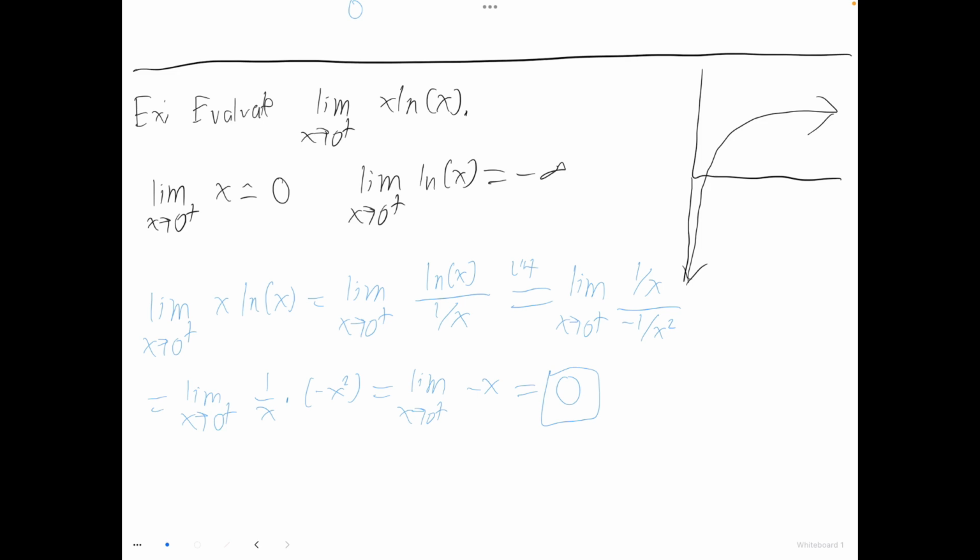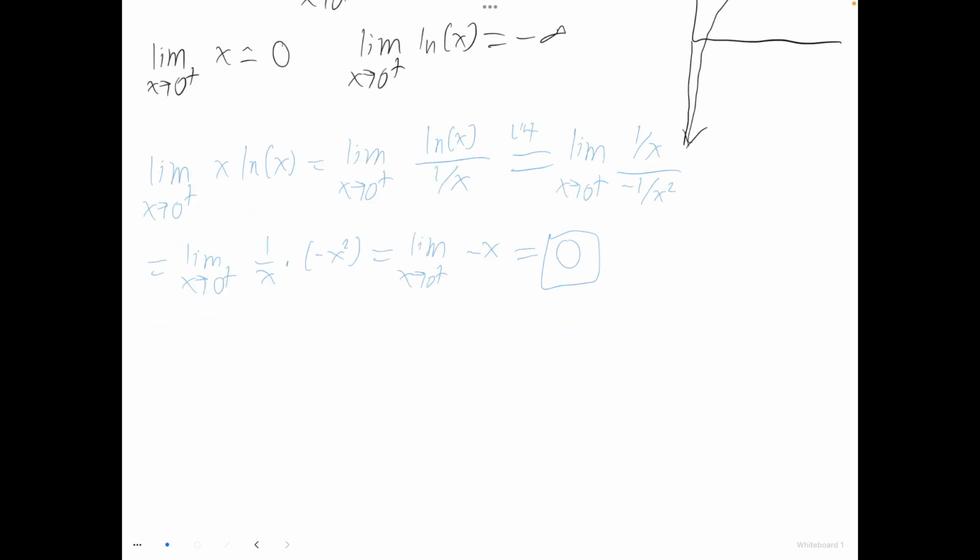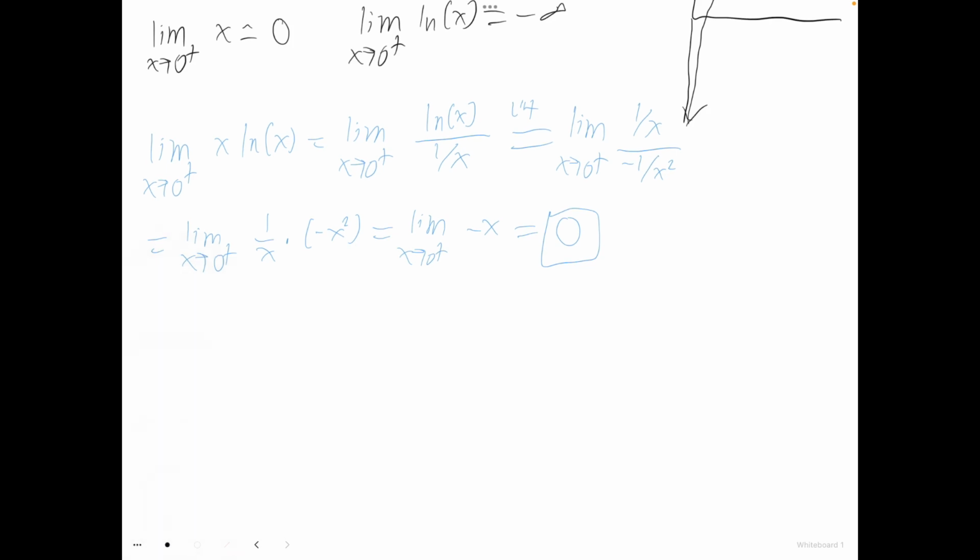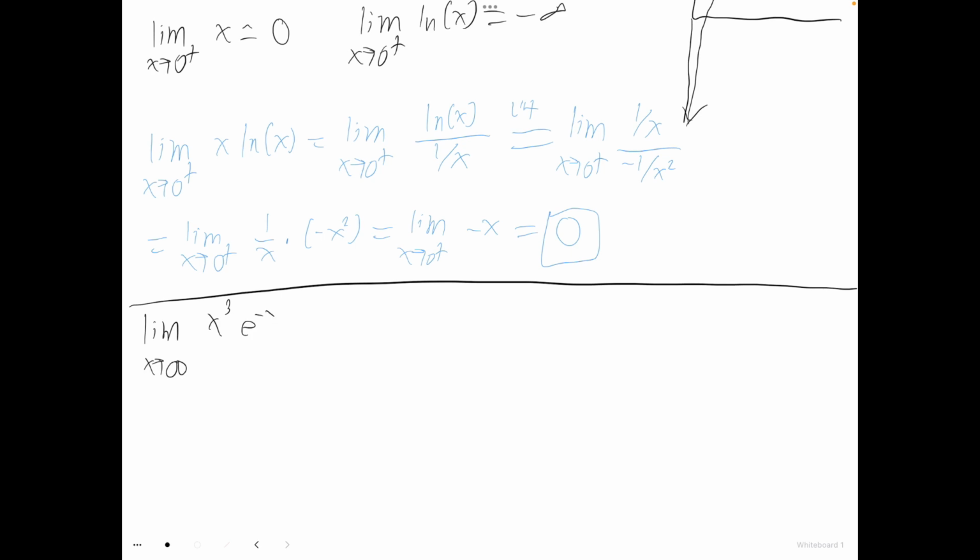So now we're going to look at another example. So now we want to find the limit as x goes to infinity of x cubed e to the negative x squared.